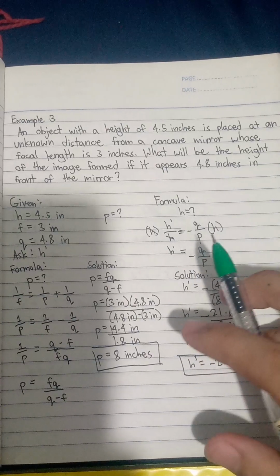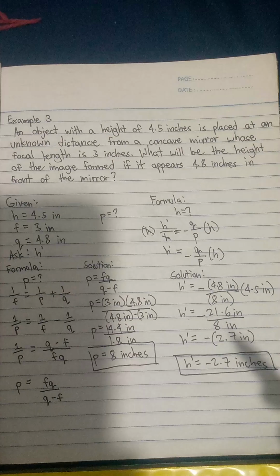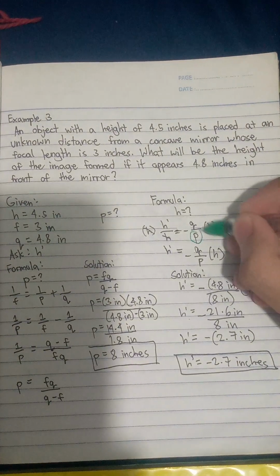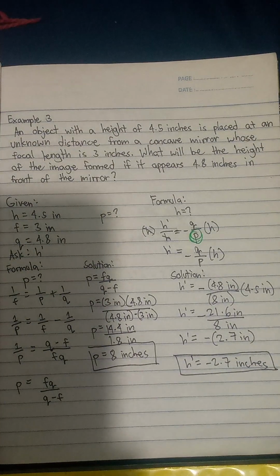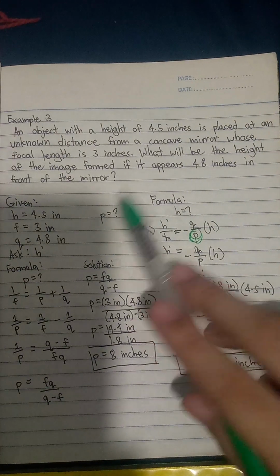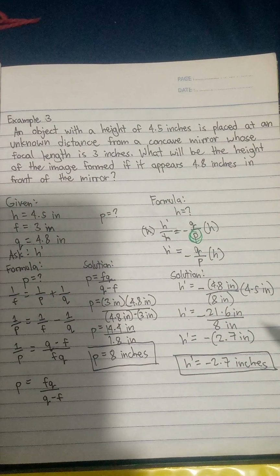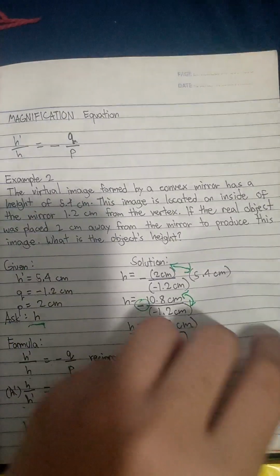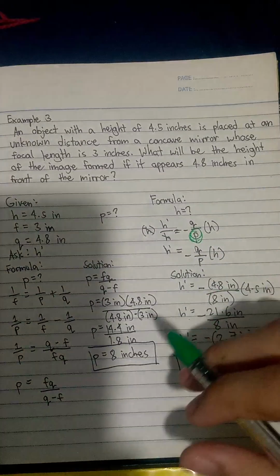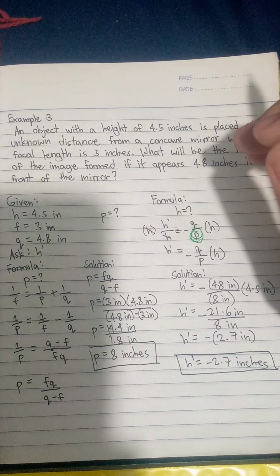But wait, we are missing variable p, so we can't solve for h apostrophe. So what we're going to do is look for variable p by using the mirror equation.